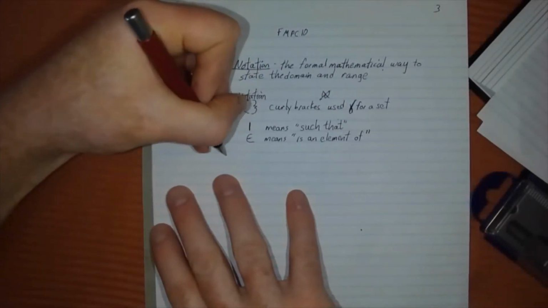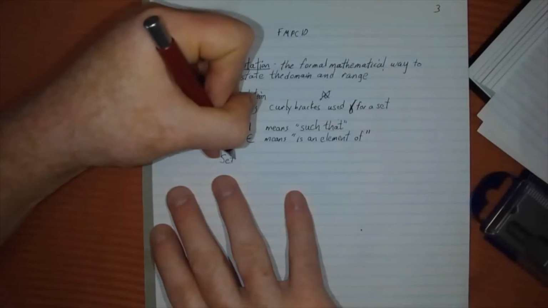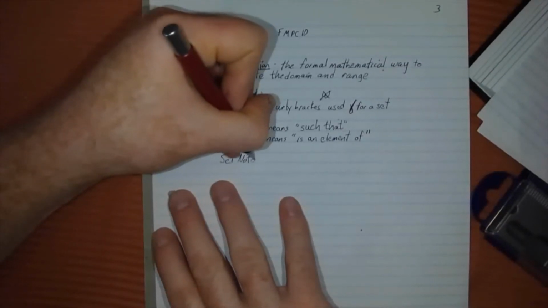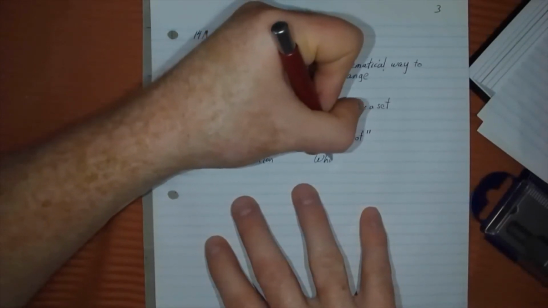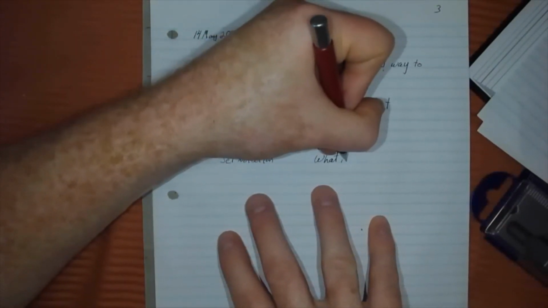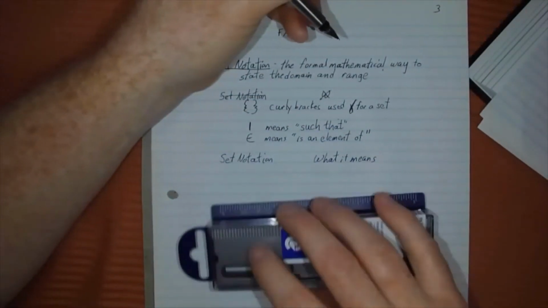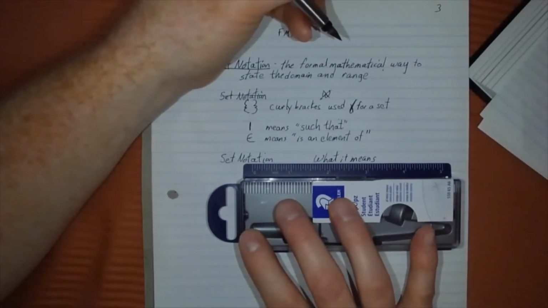Now I'm going to set up what the set notation looks like and define what it means. Let's make this nice little table.